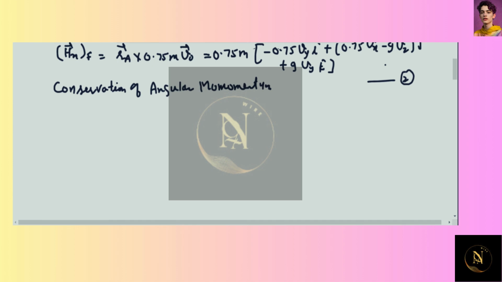Initial angular momentum of the meteorite plus initial angular momentum of the probe, which is 0, equals final angular momentum of the probe plus final angular momentum of the meteorite.